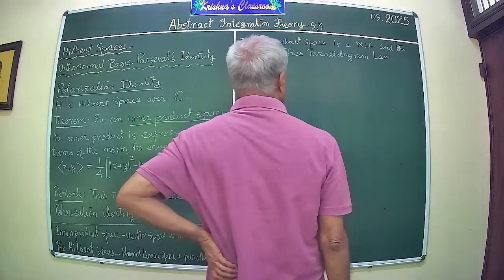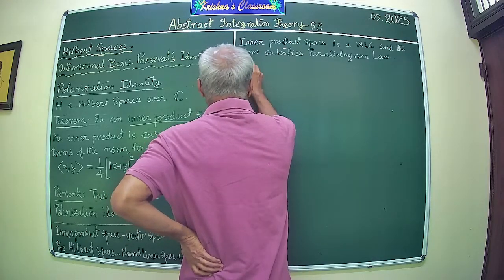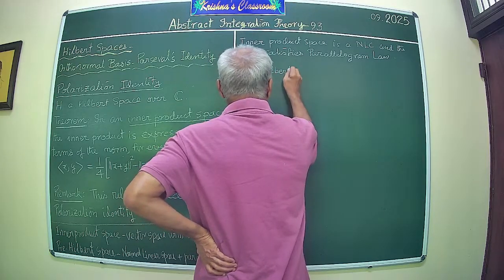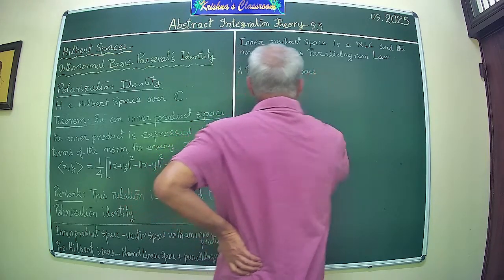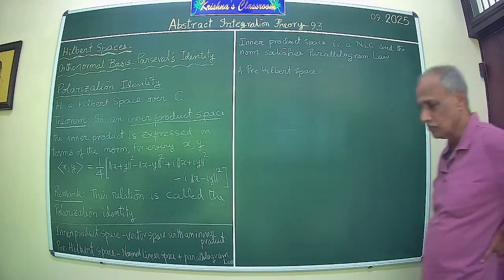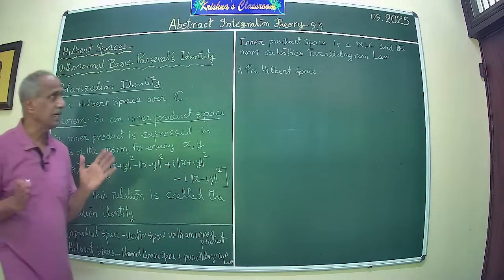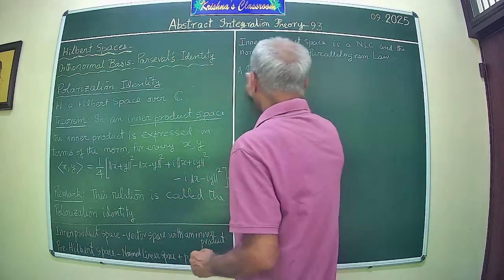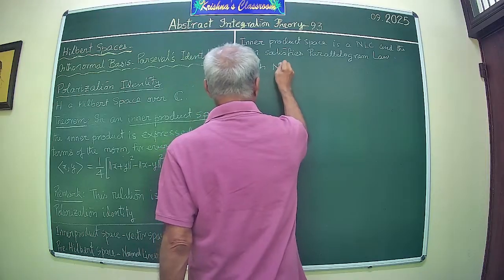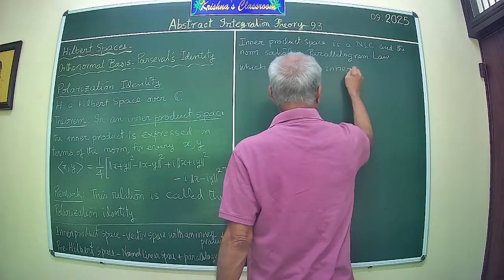Now, a pre-Hilbert space is something else. This is a characterization of a pre-Hilbert space or an inner product space. So, which normed linear space is an inner product space? We ask the question, which normed linear space is an inner product space?